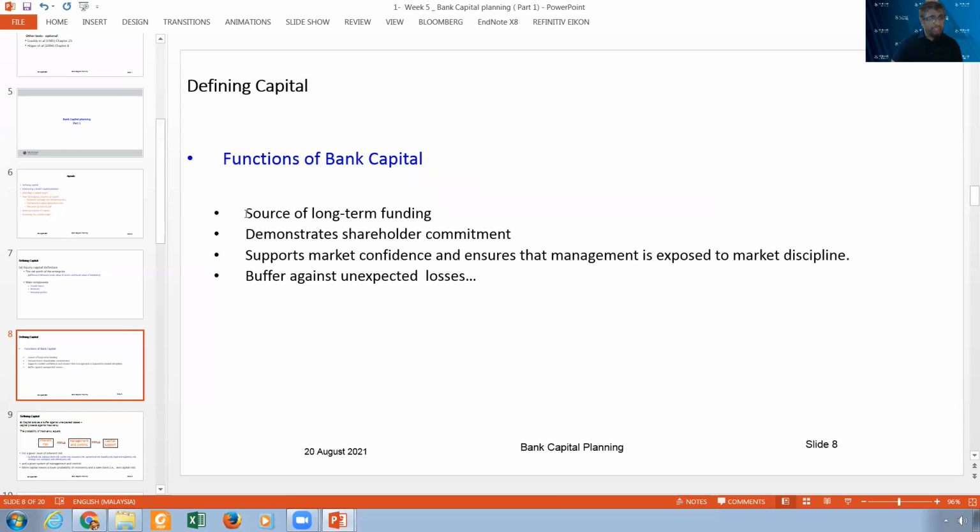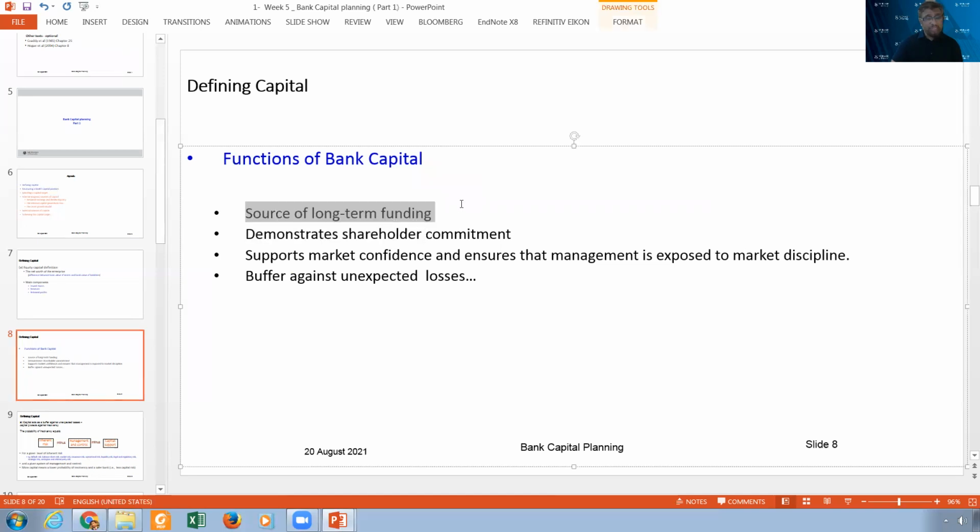For us in banking, the function of capital is long-term funding, and this is not really the most important thing. But also when we have enough capital, we demonstrate commitment to the shareholders. And this is why in this country, for example, they asked for 1 billion ringgit. Why?